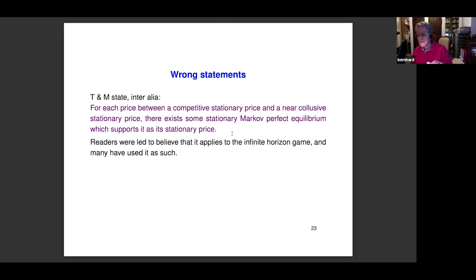Purple is a color that I don't like. They write that for each price between this and that price, there exists some stationary Markov perfect equilibrium which supports this price as its stationary price. And readers, of course, were led to believe that this applies to the infinite horizon game, as they claim, and many have used it as such.